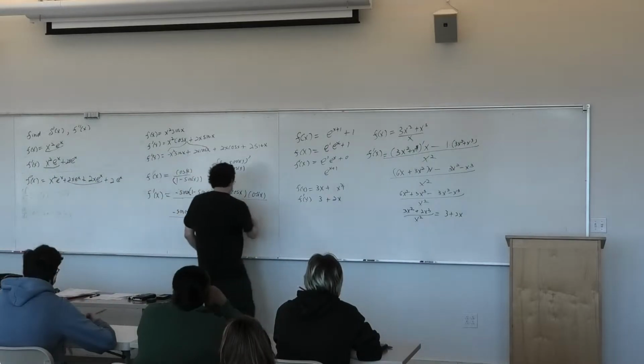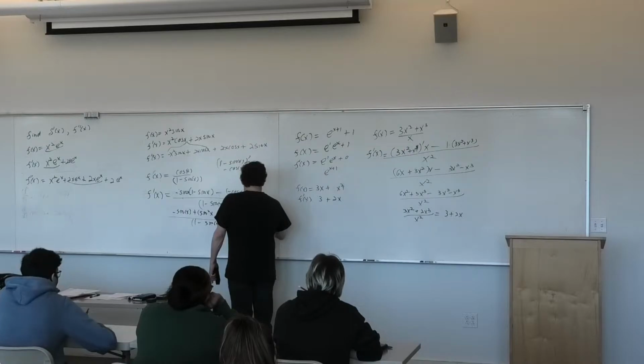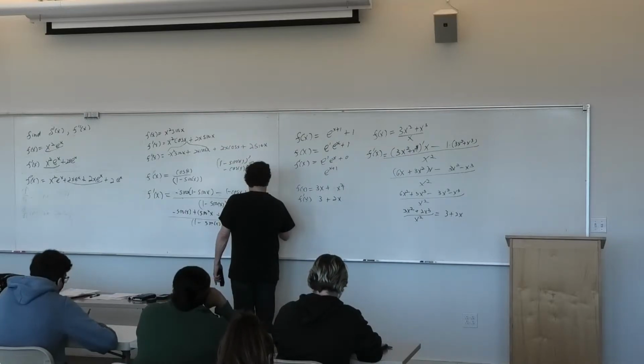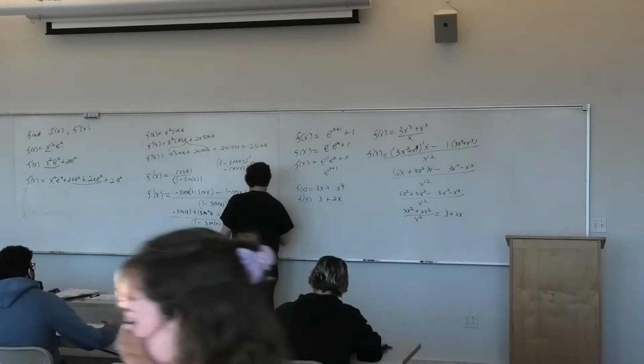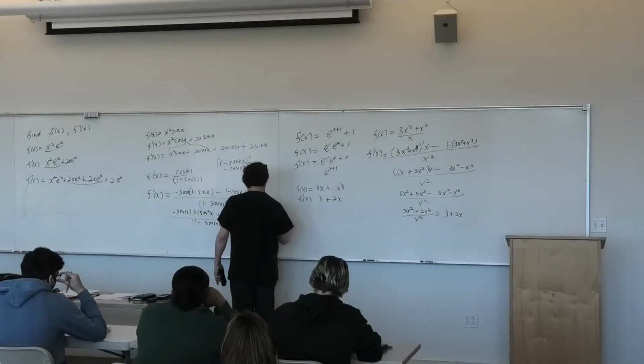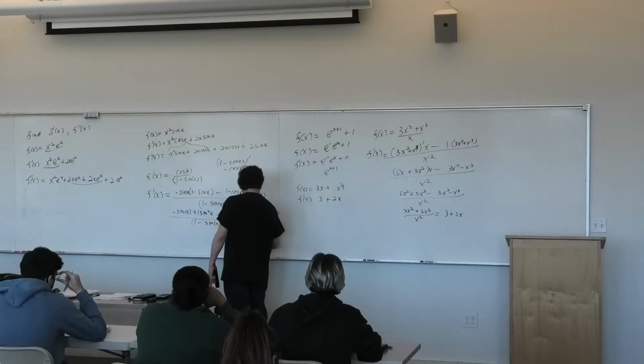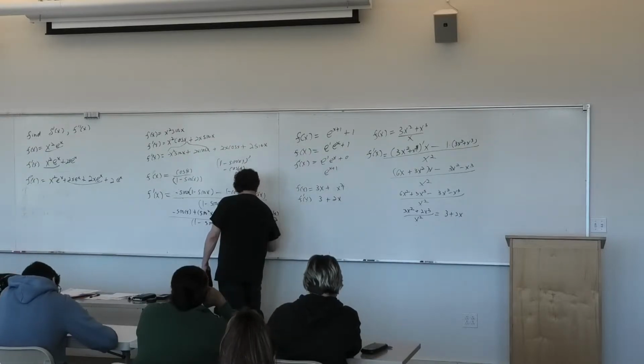All right, so we have, oh, this is going to turn out nice. 1 minus sine of x over 1 minus sine of x squared is just 1 over 1 minus sine of x.